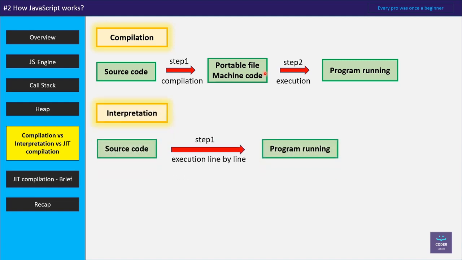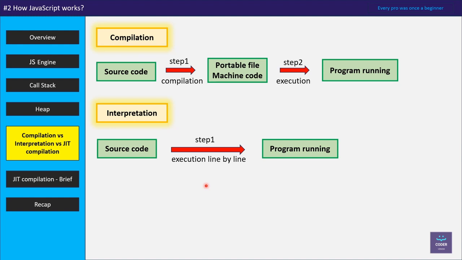Now the second one, the interpretation method. In this method, similar to compilation, but you can see it contains only two steps. Initially, the source code is compiled and executed by the processor, so it will produce the output. These things happen line by line. For example, in the first line it will compile, convert to machine code, then that machine code is executed.